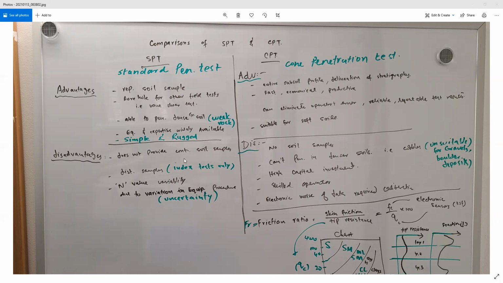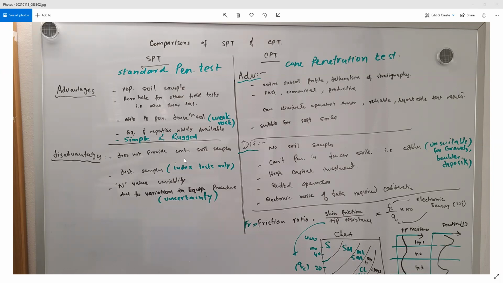Now we'll move to the other method, which is CPT, which stands for the cone penetration test. There are a few advantages. One, it can provide the entire subsoil profile and is considered the best technique for delineation of stratigraphy. It is fast, economical, and productive.